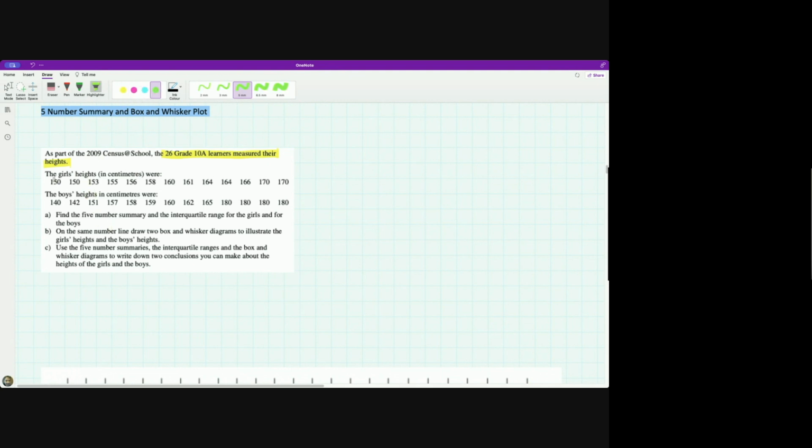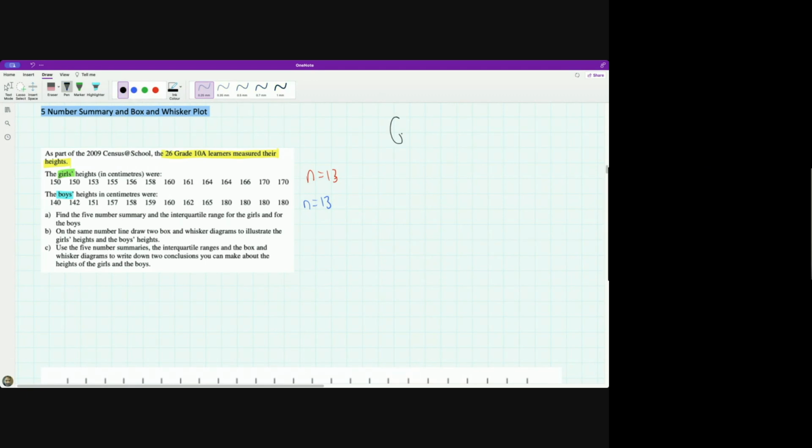They've been split into two categories. There's girls and there's boys. And so each of these categories will have an N of 13. So there's 13 girls and there's 13 boys. It says, find the 5-number summary and the interquartile range for boys and girls.